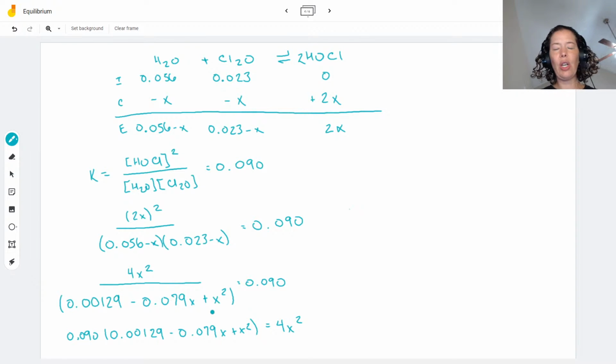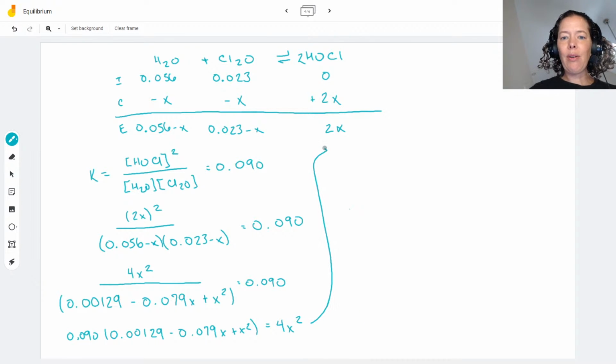You see how I took this quantity, multiplied it by both sides, so it came up into the numerator, and I'm multiplying it by 0.09. We're going to get really ugly looking numbers here, but bear with me, they will work out. Again, we're trying to get this quadratic in a form that we can use the quadratic equation for.